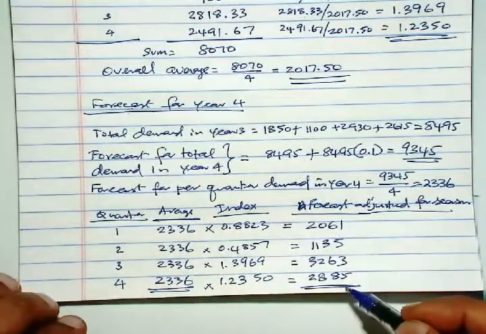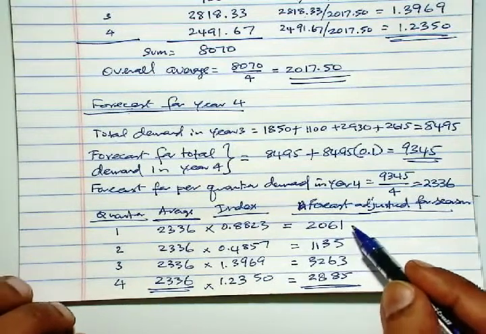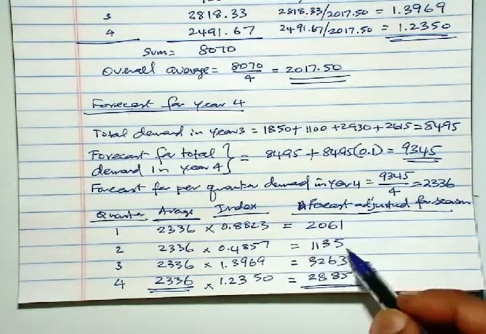So these are the 4 seasonally adjusted forecasts, after adjusting for seasonality.